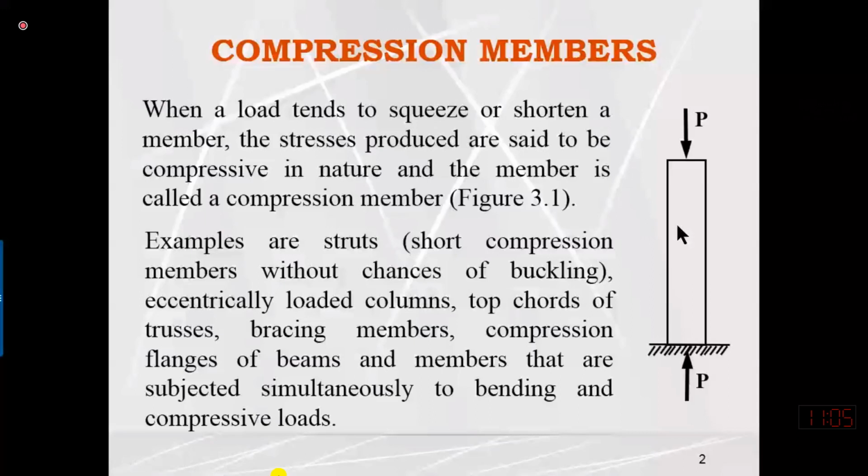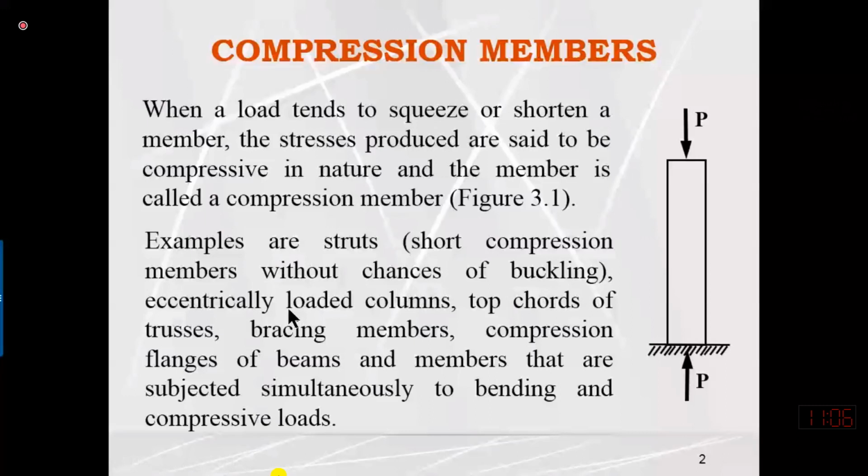So what will be our main target? We need to avoid that particular type of failure. Examples are short compression members without any chances of buckling. Buckling we will discuss in detail, inshallah. Then eccentrically loaded columns and the top part of trusses. Normally the top part of trusses is subjected to compressive force due to gravity load, or any truss member which has compressive forces.